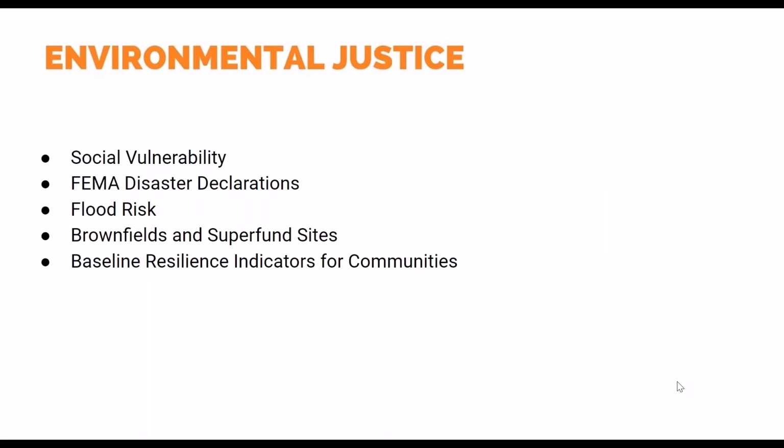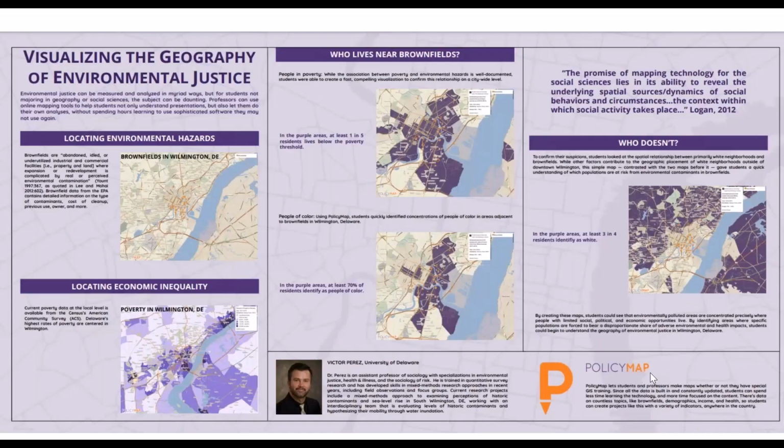Another common theme and application that we're seeing is data related to environmental justice. We have another professor who taught a class on environmental injustice, where he was looking at specific areas in and around a city where there are a larger number of people living in poverty. Here is the customer story; you can find it on our website. Dr. Perez from the University of Delaware mapped, number one, where the brownfields are within the city of Wilmington, Delaware.